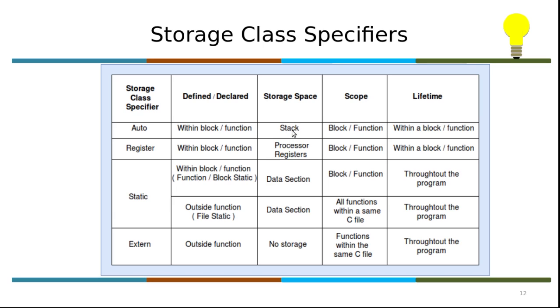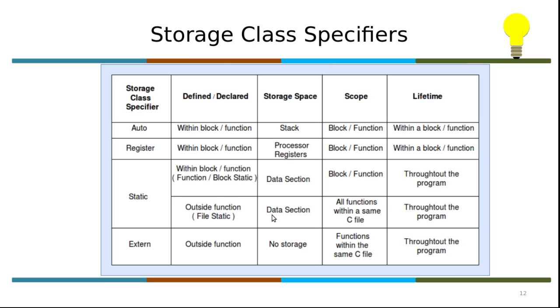The scope, again, is within the block where it is defined or within the function. Lifetime, again within the function and within a block. So its lifetime starts when the function is invoked and ends at the exit of the function. Register, again the same thing, but the storage space may be processor registers. I am using the word may because it is not guaranteed always. Again static, we have a function static and a file static, and the storage space is the data section built by the compiler within the object file.